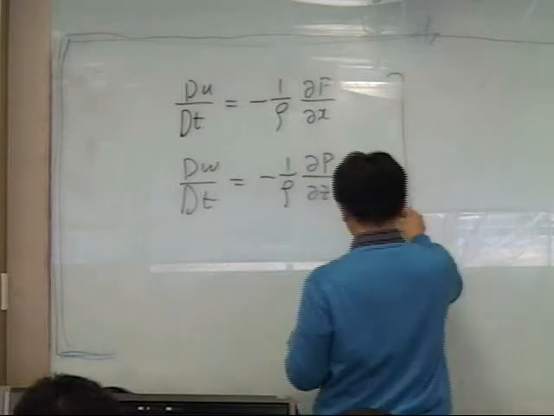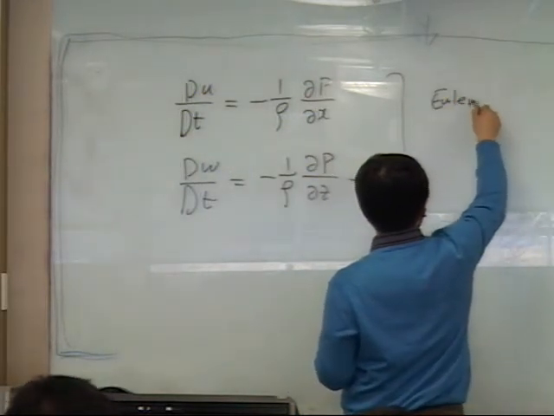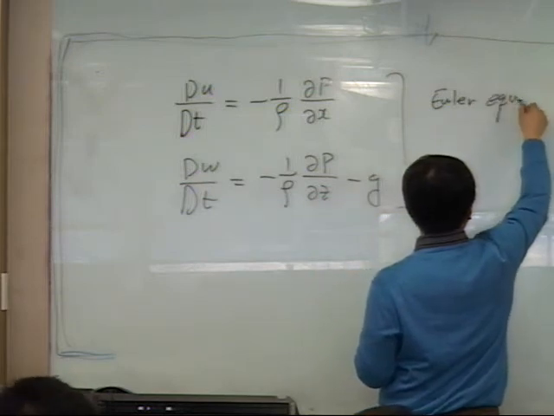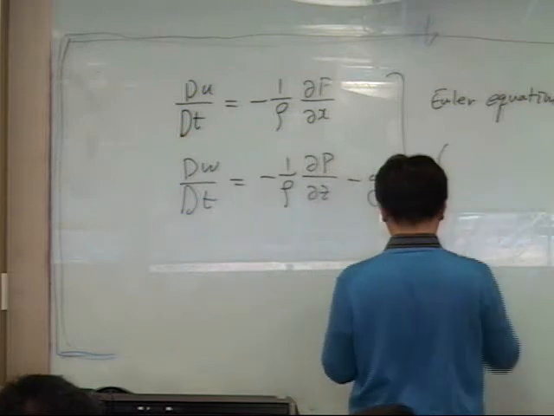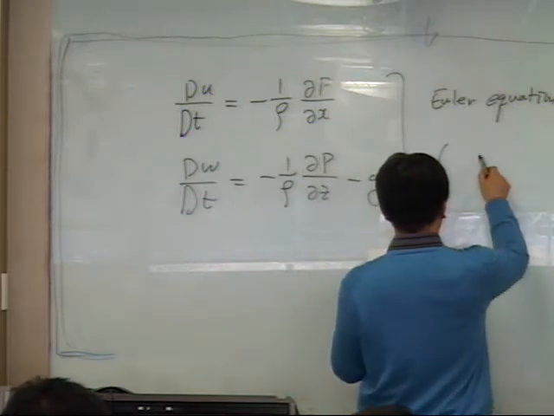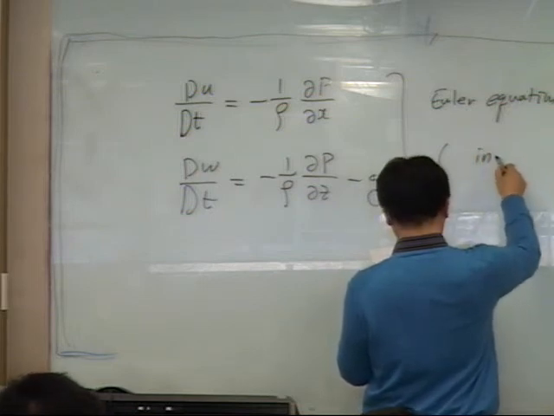The name of this equation is the Euler equation. Euler equation. And the assumptions which are made are implicit.